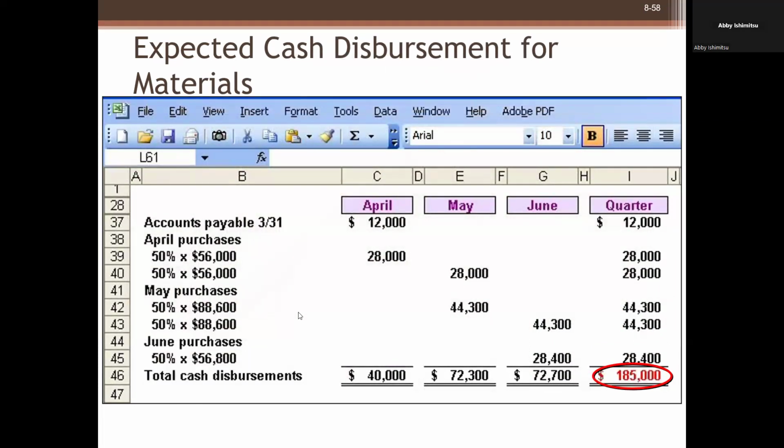We took the materials to be purchased for May times 40 cents. And we staggered them between May and June. And in June, how did we get the 56,800? That was the material we needed to purchase in June times 40 cents. So this looks very similar to the cash receipts budget.